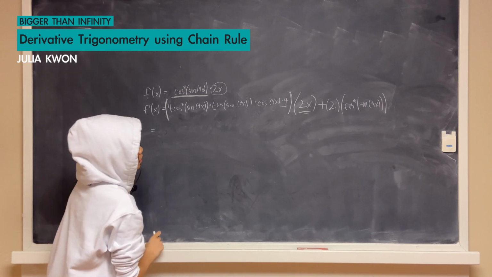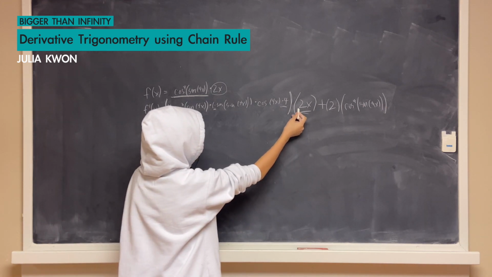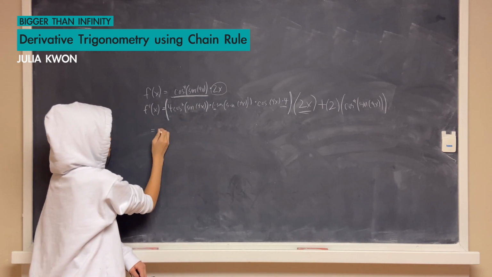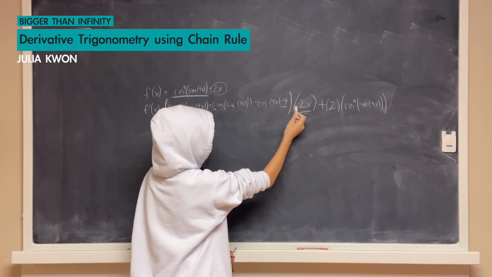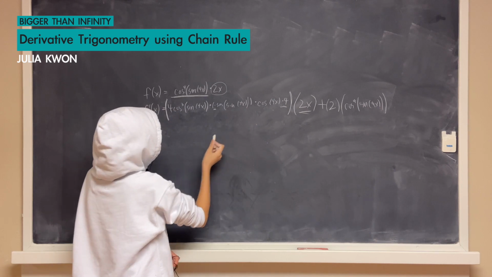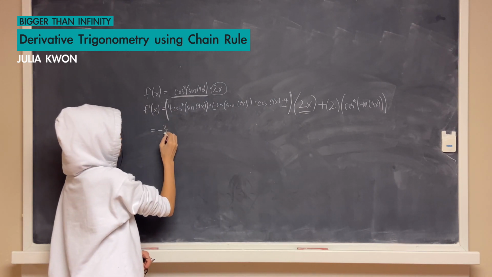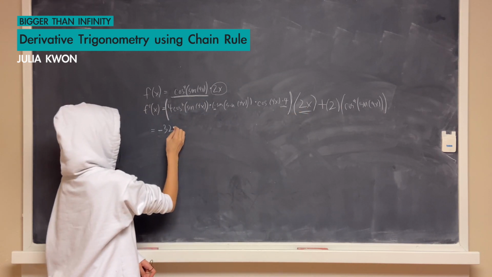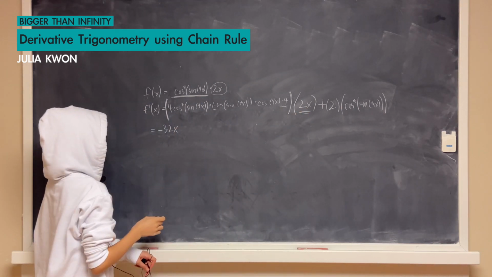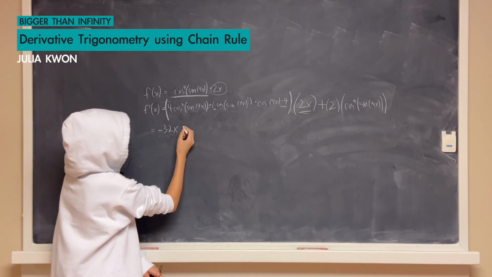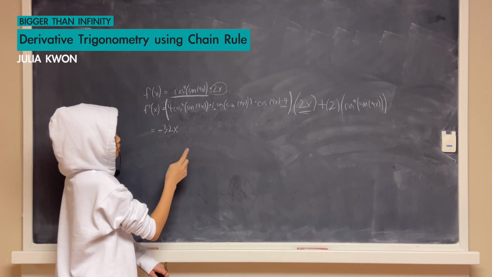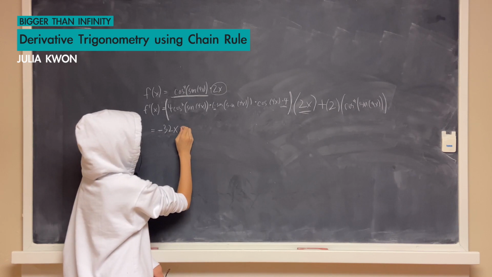So the negative goes first, and then 2 times 4, which is 8, times 4 again, which is 32, and don't forget about the x, so negative 32x times the rest of the things without the ones that we multiplied already.